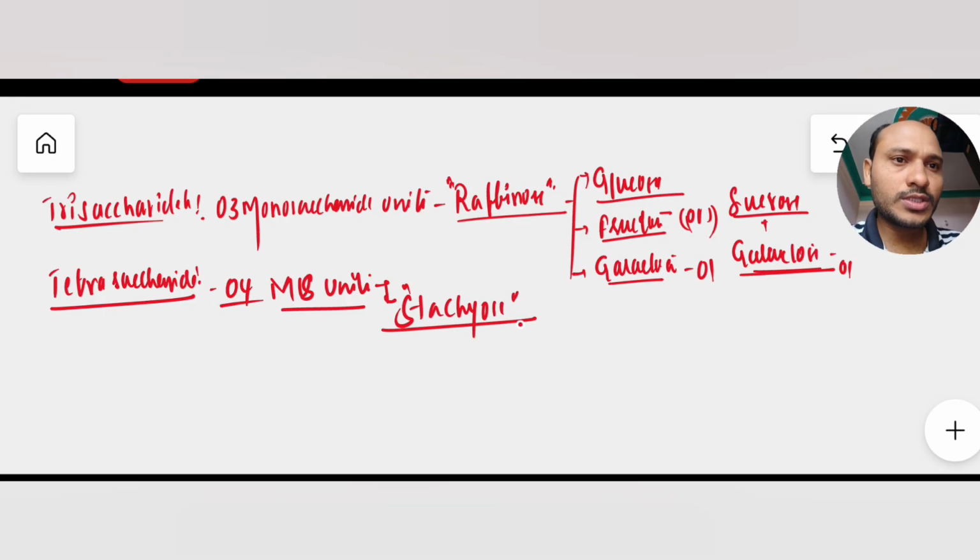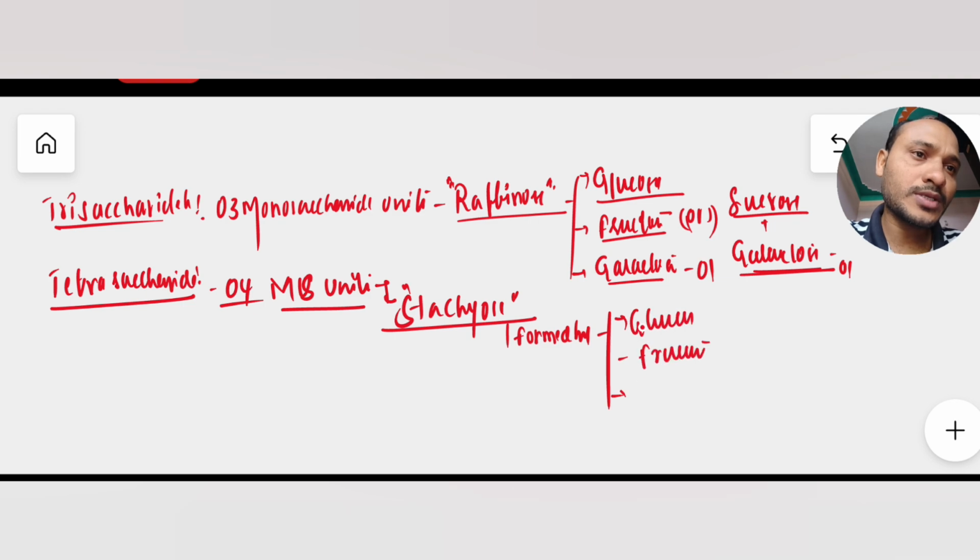It is formed by the same glucose and fructose, but very important, there are two galactose molecules. In raffinose there is only one galactose, but here two galactose are involved. So glucose, fructose and two galactose, meaning 4 monosaccharide units, together form the tetrasaccharide stachyose.